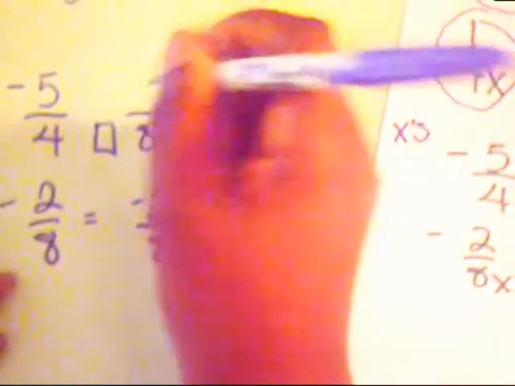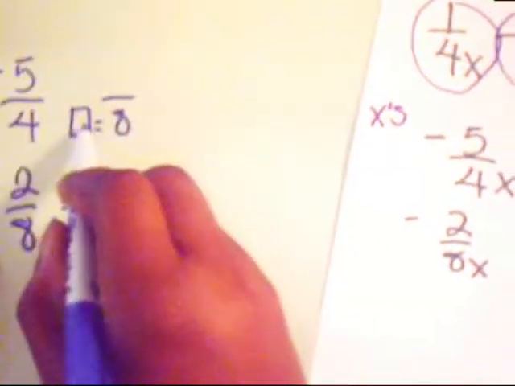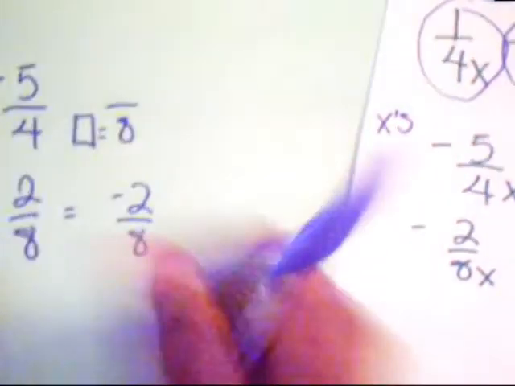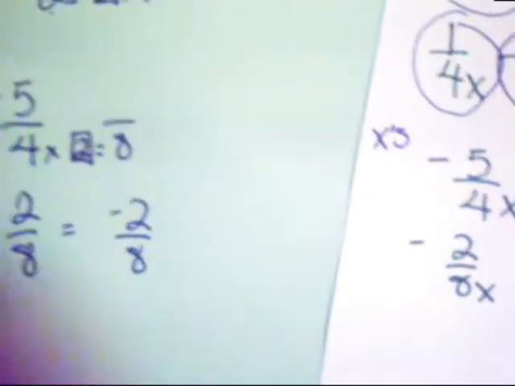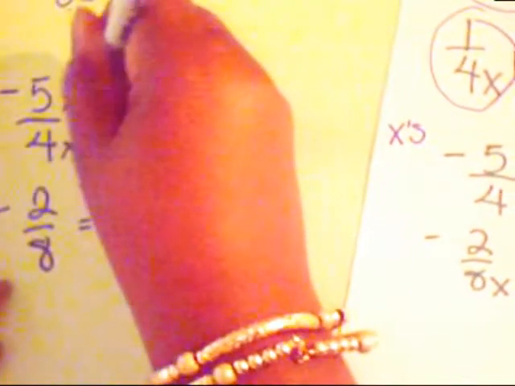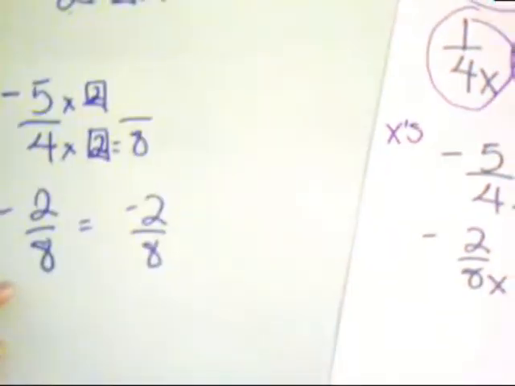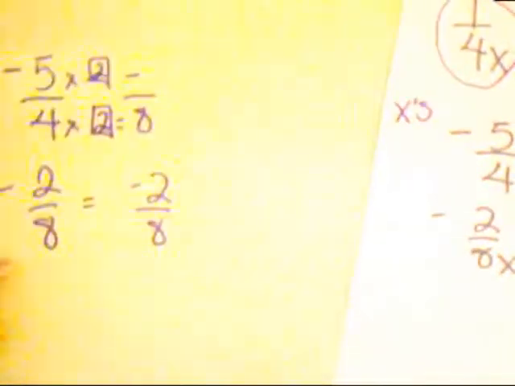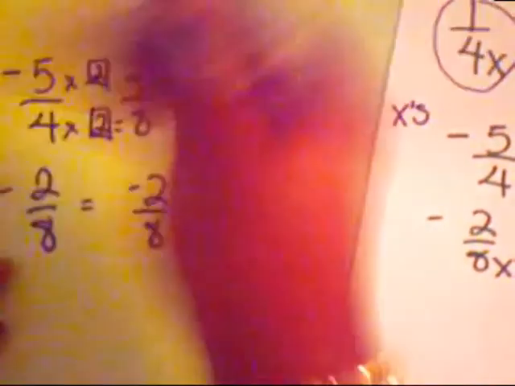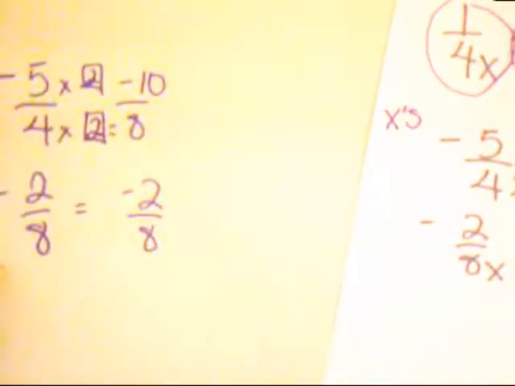What number can we multiply by 4 to get 8? That number is 2. And then whatever we do to the bottom, we do to the top. So we'll multiply negative 5 times 2 as well. Be careful with your signs. A negative times a positive is a negative. And 5 times 2 is 10. Okay?